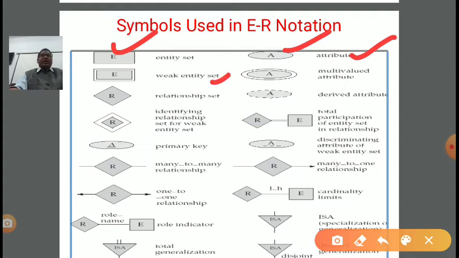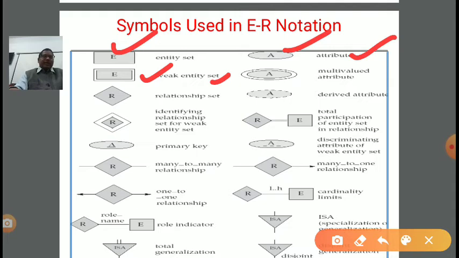An entity set which doesn't have an attribute which can be classified as a primary key, or we can say an entity without any primary key, is called a weak entity set. And to denote the weak entity we use a double rectangle, and inside the double rectangle we write the name of the weak entity.